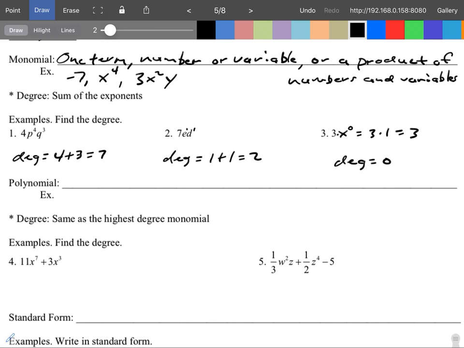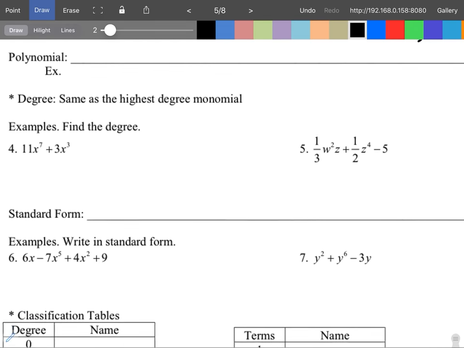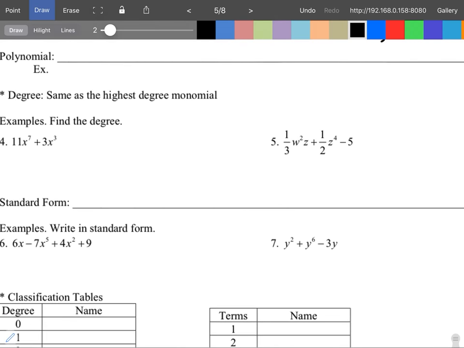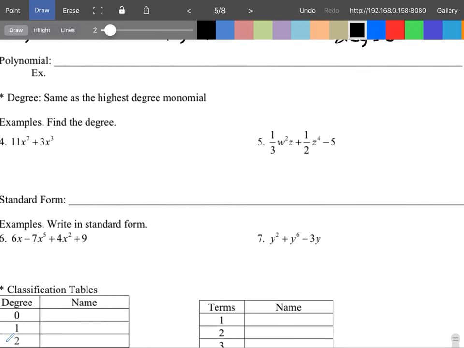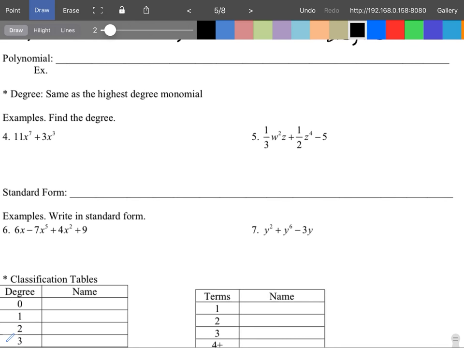And the next thing we got to fill in there is the definition of a polynomial. So a polynomial is more than one term.